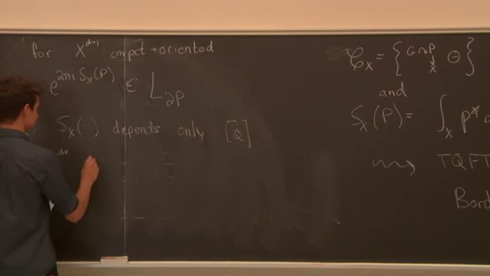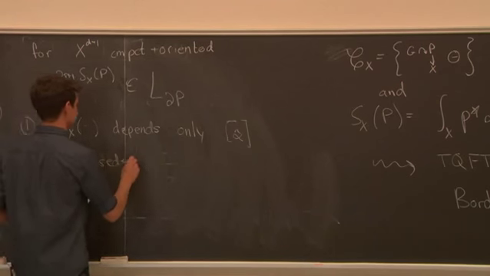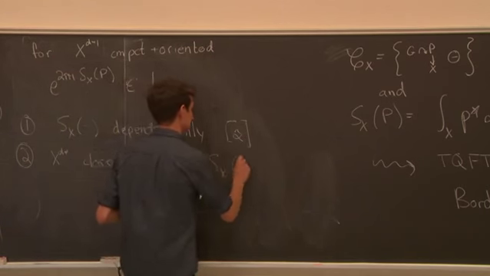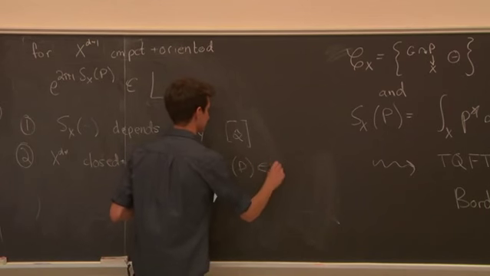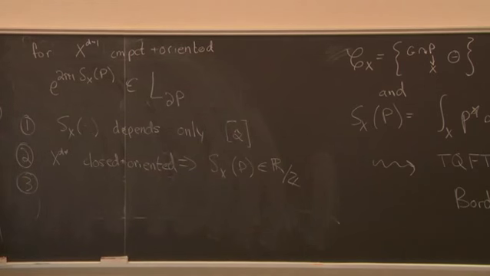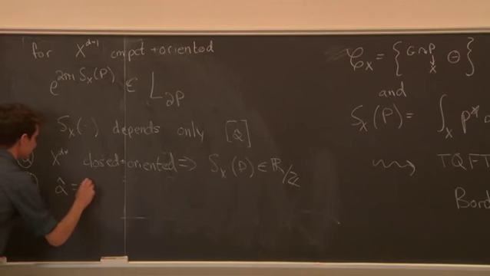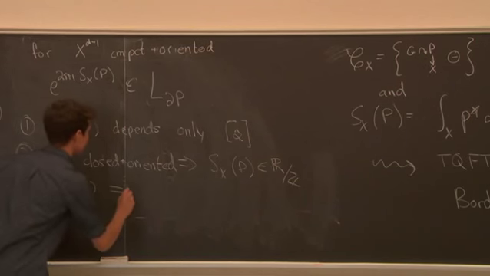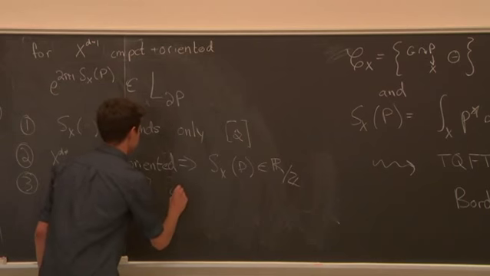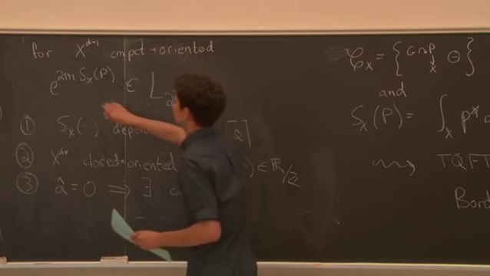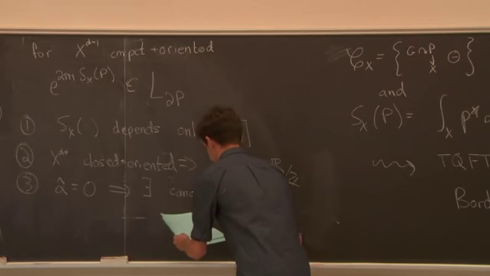As I said, when our d+1 manifold is closed, this action functional is going to be valued in R mod Z. And the third thing I want to say is that, well, if we look at this theory in the untwisted case, that is, when alpha hat equals 0, the theory becomes trivial. What do I mean by that? Well, we get canonical trivializations of these lines, and this element just becomes the identity under these trivializations.